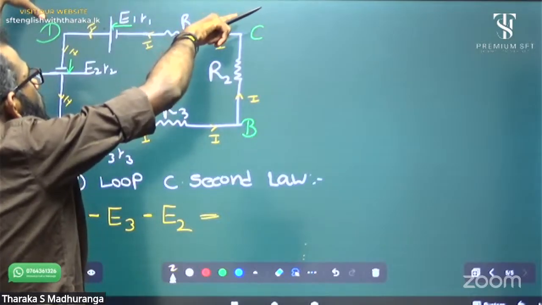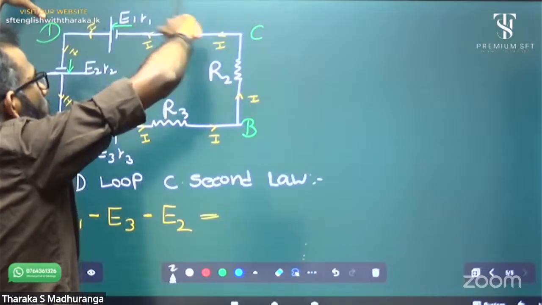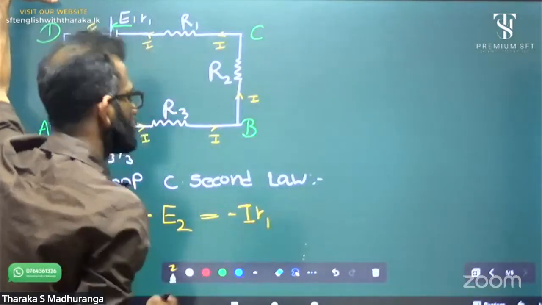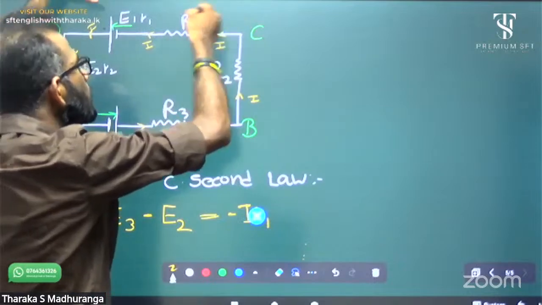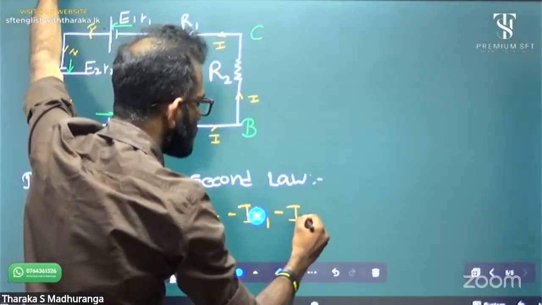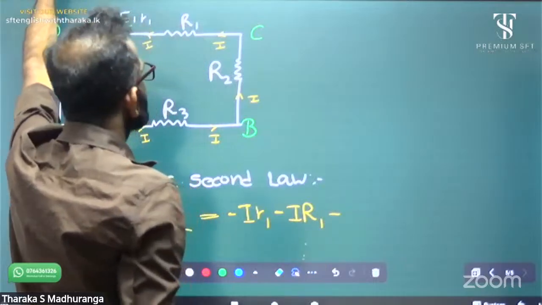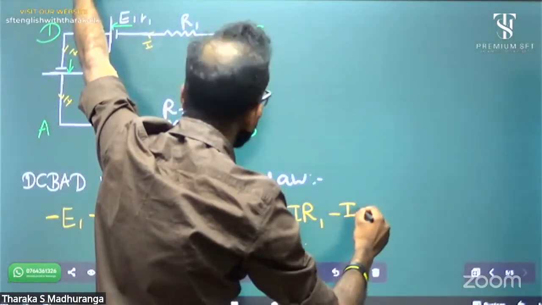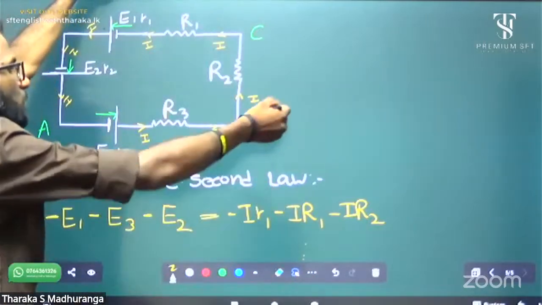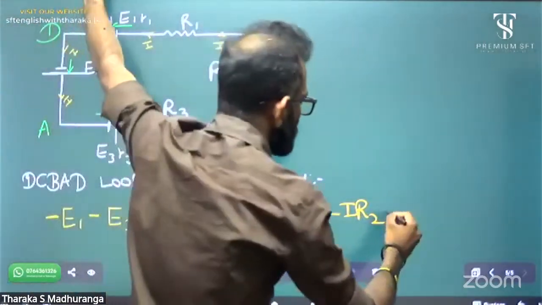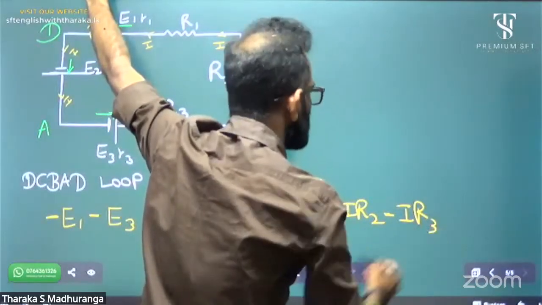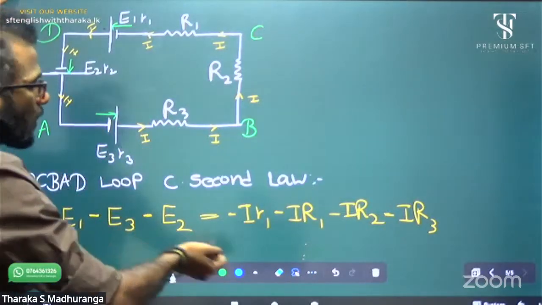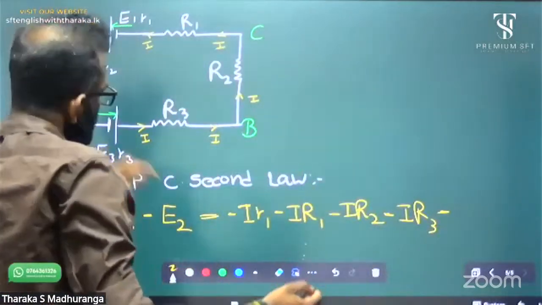D to C: my direction and current direction are opposite, therefore minus I R1. Next, opposite again, therefore minus I R2. Again opposite, therefore minus I R3.